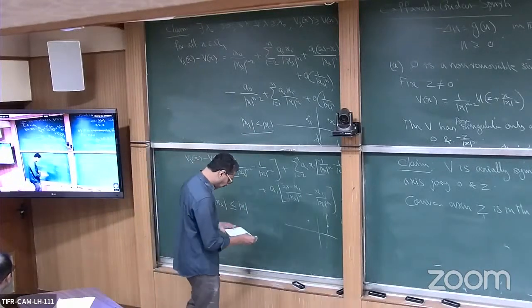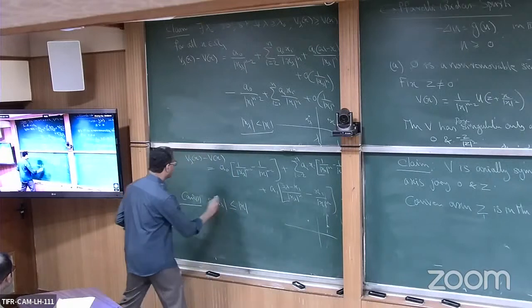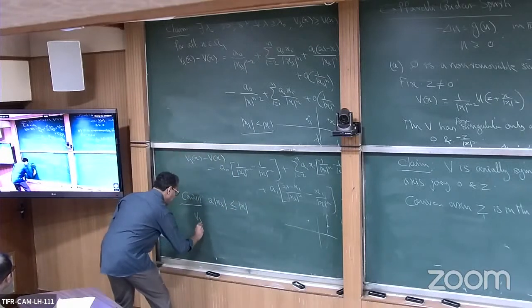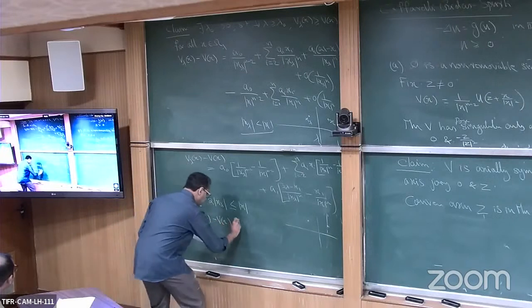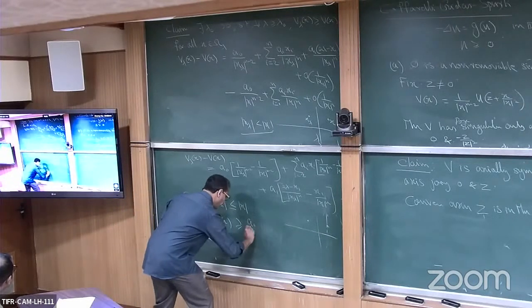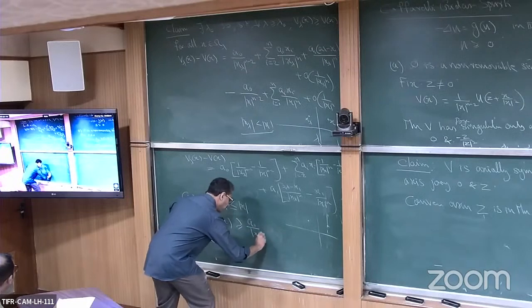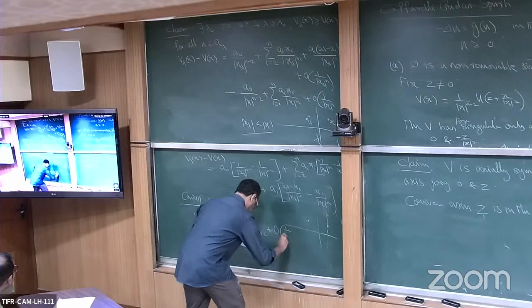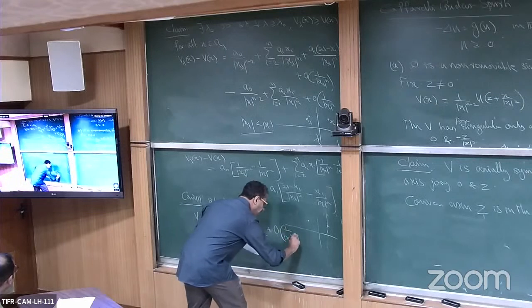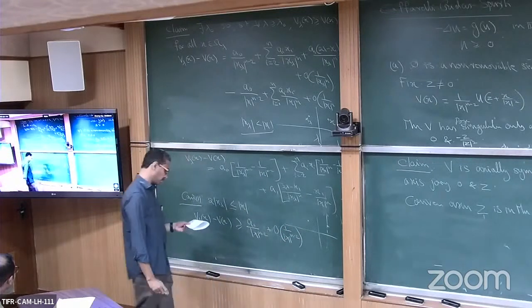And I will just write what you get finally. You get that V lambda of x minus V of x is going to be greater than or equal to a0 by mod x to the power n minus 2 plus order of 1 by mod x to the power n minus 1.